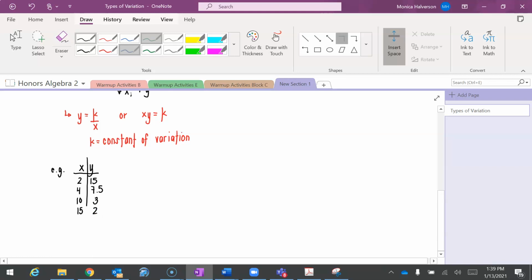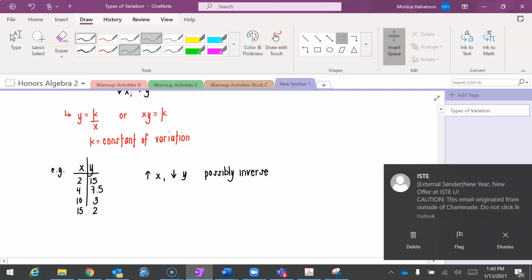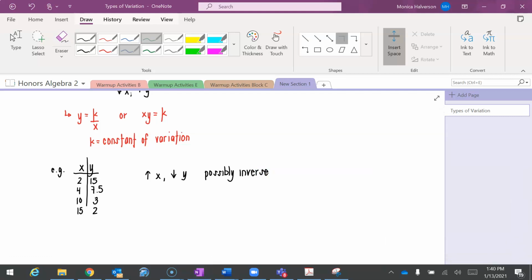Now, the first thing that you should be noticing here is that the x value increases. And then the y value decreases. So we know that this could possibly be inverse. But to tell whether it is inverse, we have to make sure that all of our data points are at the same rate.